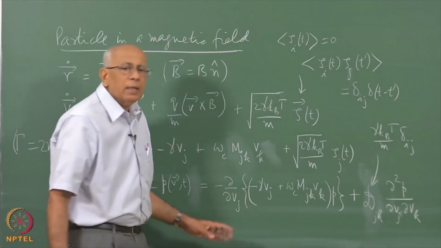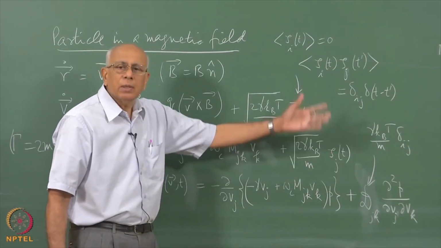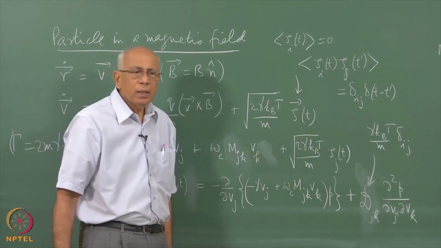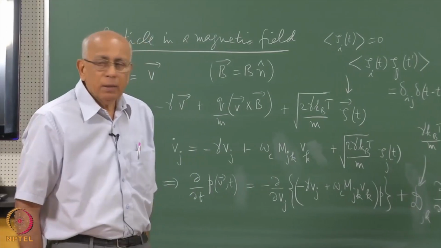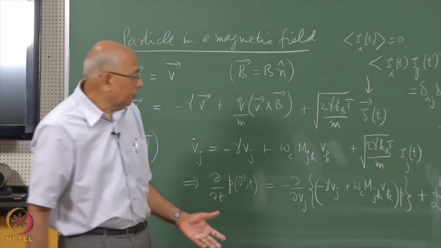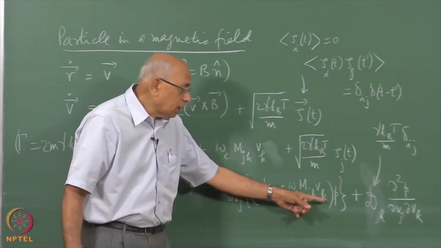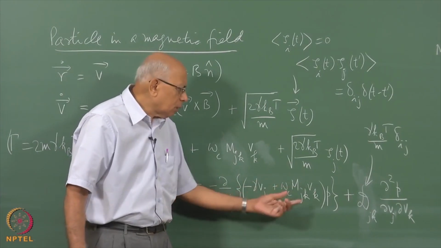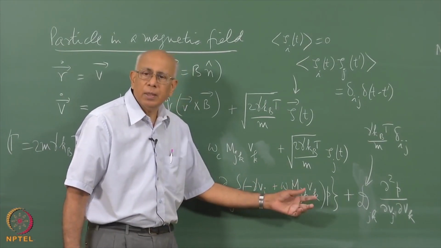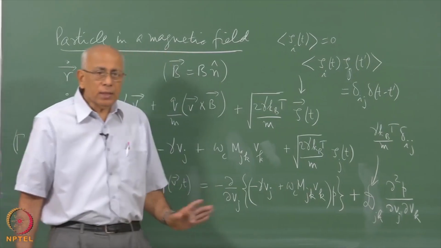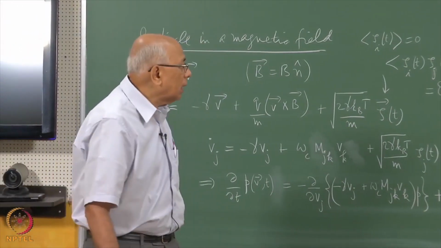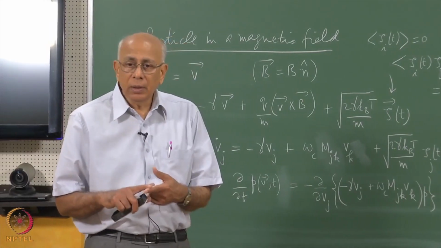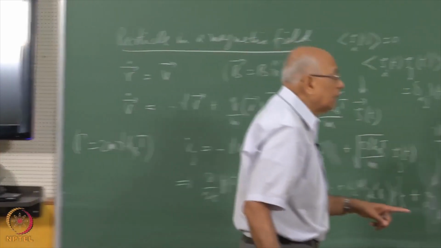Now it is a simple matter to see if there is an equilibrium distribution, stationary distribution, etc. It will turn out to be the Maxwellian distribution once again. We can solve this equation, by the way. It is a linear quantity here. So apart from the small complication that the different components are mixed up, the Ornstein-Uhlenbeck distribution is the solution for this problem, with a mean which is given by this.